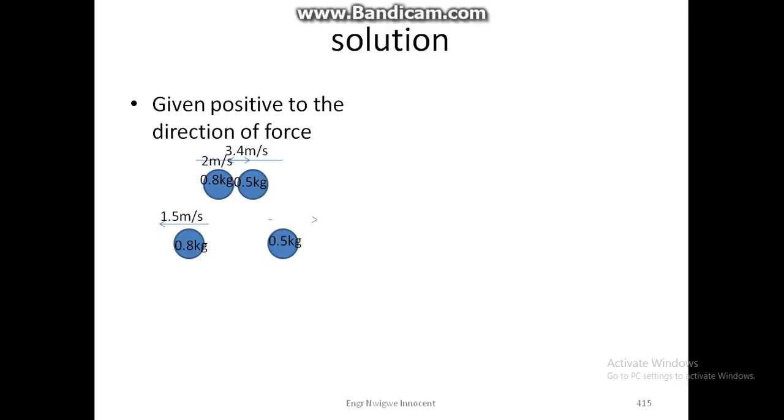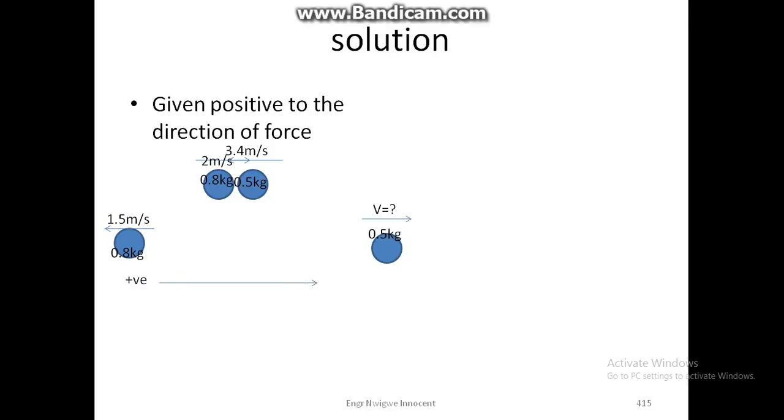The first mass of 0.8 kg moves with 1.5 meters per second in the opposite direction, while the second mass of 0.5 kg moves with an unknown velocity in the opposite direction. We are now taking the positive to the direction of force.